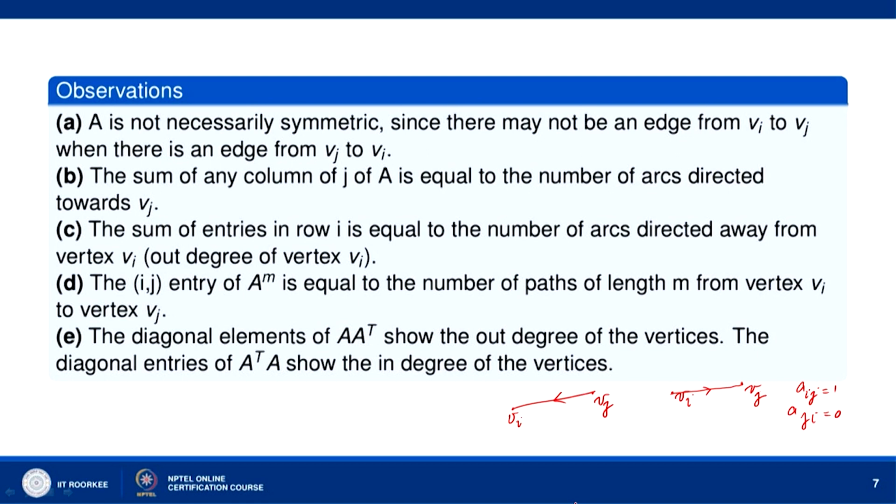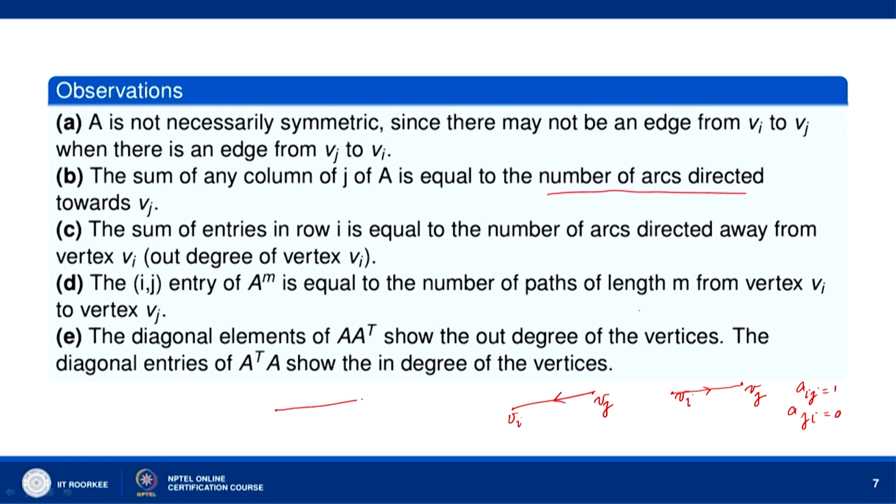Now, the sum of column j of A is equal to the number of arcs directed towards Bj. If you take the jth column of the adjacency matrix A, then the sum of the entries of the jth column gives you the number of arcs that are directed towards Bj.